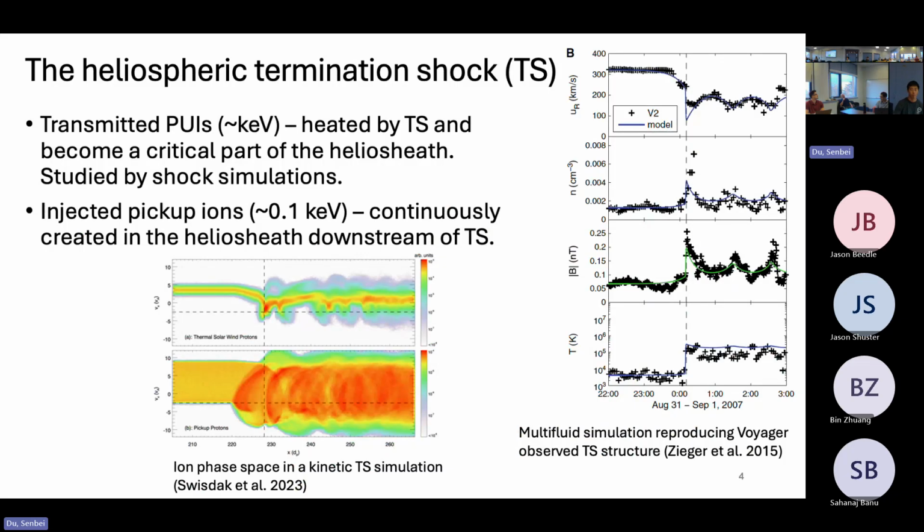So this is not my simulation. This is by Ziegler et al., another research scientist at BU. He did that before I was here. But these are basically multi-fluid, I think it's three fluid, with thermal ions, pickup ions, and electrons.